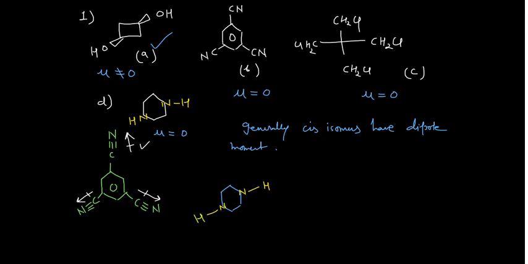The bond dipole will project in that manner, head towards the more electronegative atom, and the bond dipole moment of this NH will project like this. So they are coming in different directions, and when they come in different directions, they will mutually cancel their bond moments, and this species will also have a dipole moment of 0 like the previous one.